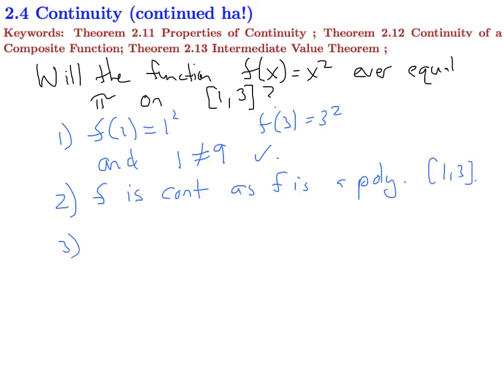And last, we need to check, it is true that 1 is less than pi is less than 9. And remember, these are the values on our endpoints.